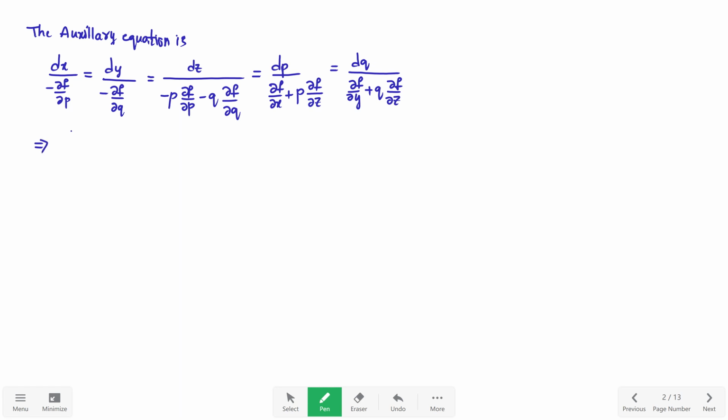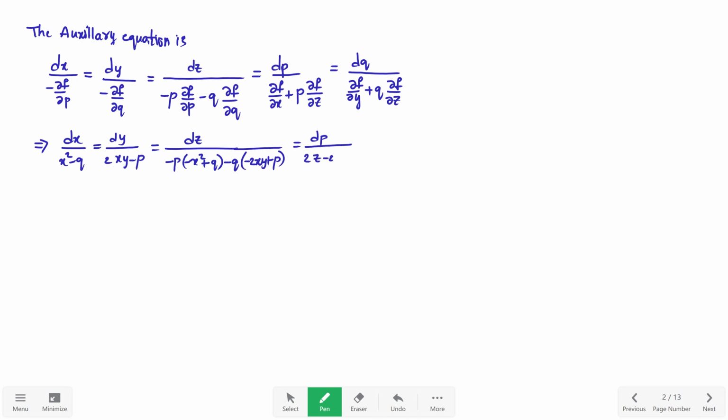If we substitute the computed partial derivatives in this, then we get dx by x squared minus q equal to dy by 2xy minus p equal to dz by minus p into minus x squared plus q minus q into minus 2xy plus p equal to dp by 2z minus 2xp minus 2qy plus 2px equal to dq by minus 2qx plus 2qx.